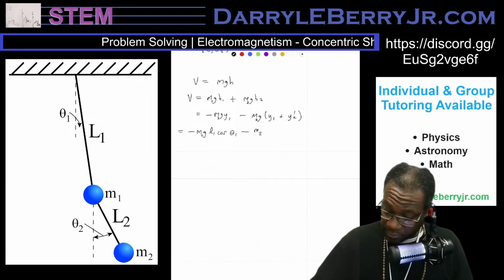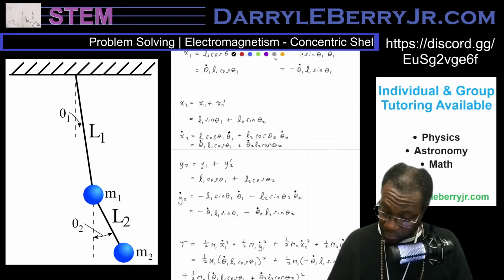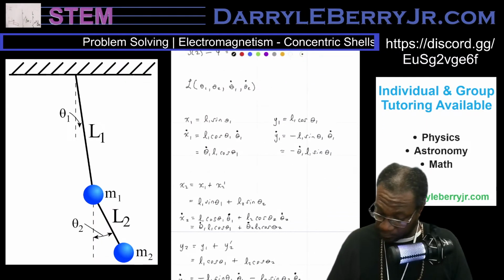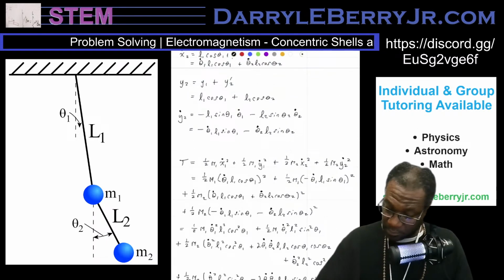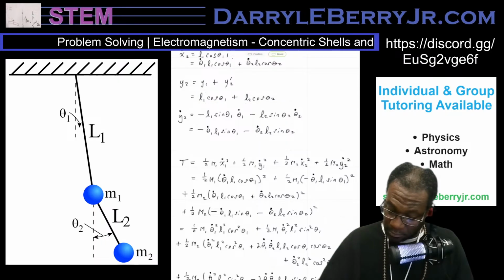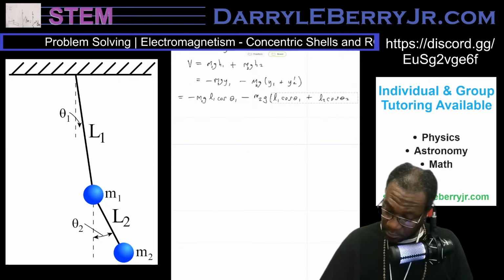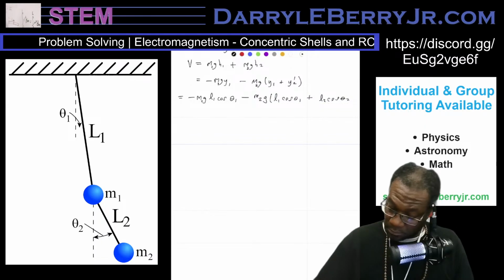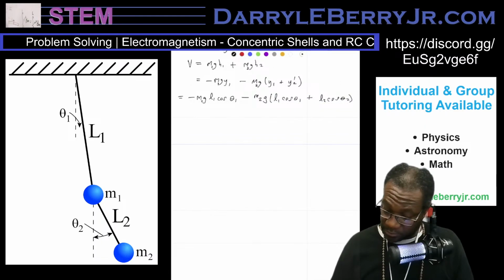Minus m2 g y1 plus y1 prime. Simple enough. So mgh.